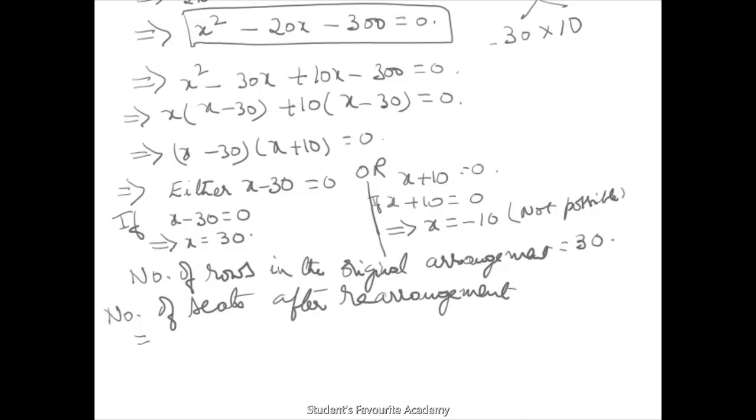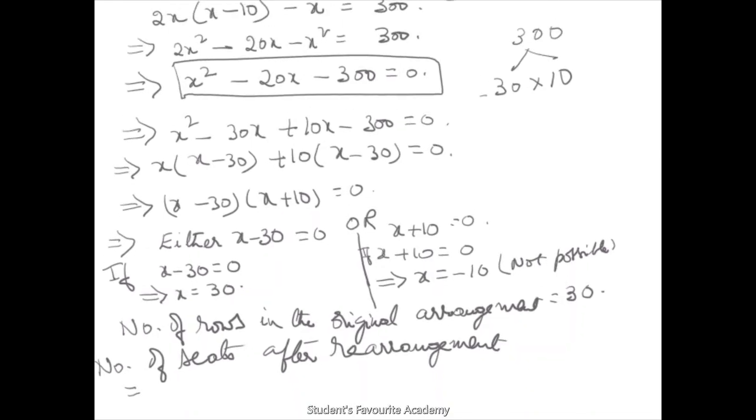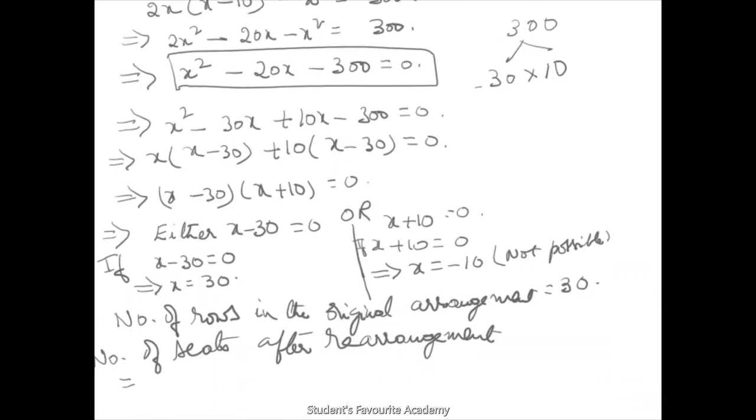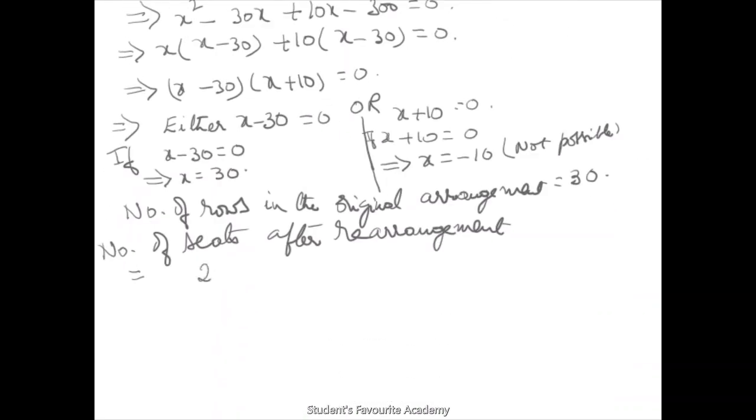What did we get? We got number of seats after rearrangement as 2x into x minus 10. So 2x into x minus 10, that implies 2 into 30 into 30 minus 10.